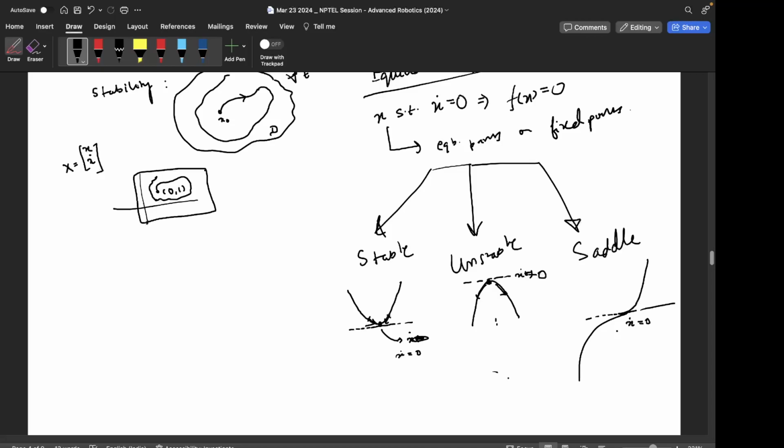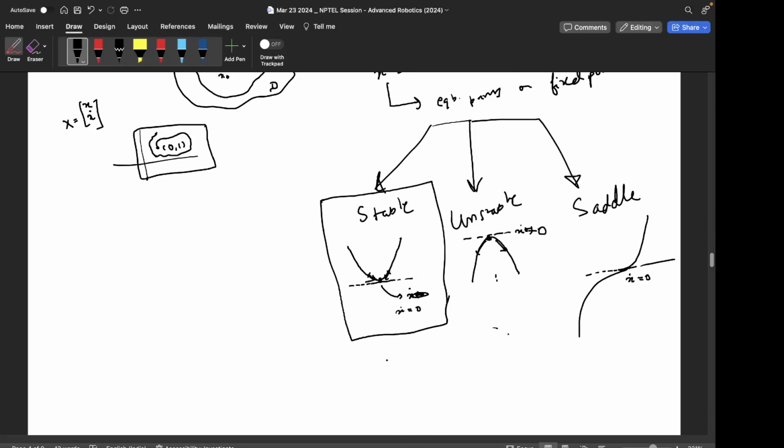So in a sense, saddle points are also not stable. The only case that we wish to have is the stable one, in which all the trajectories which start near that equilibrium point come back to that equilibrium point. And this type of stability is called asymptotic stability.